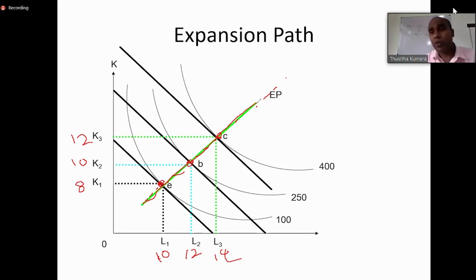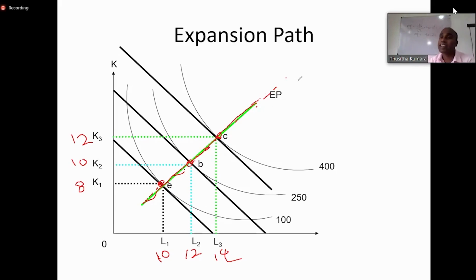If we want to expand our production in the long run, we are changing both capital and labor. This is about the long run where we can change both capital and labor. Therefore, if we are planning to expand our production process, we combine capital and labor on this expansion path as we walk.